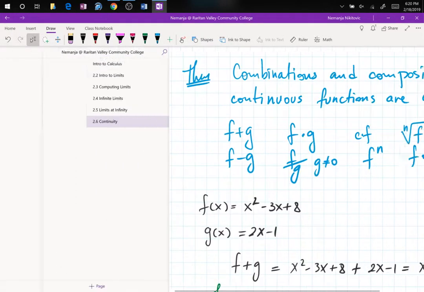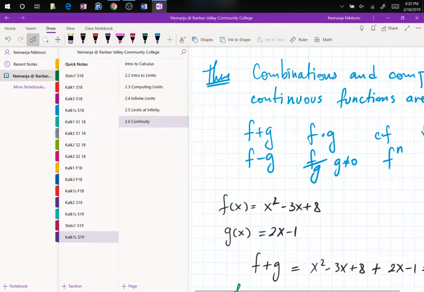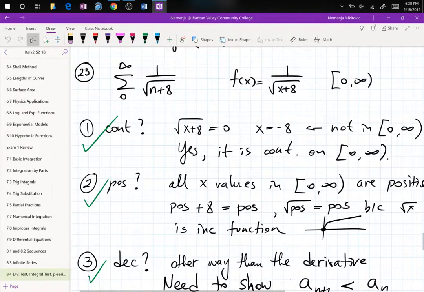So now, all I need to show in this Calc 2 class is that the denominator is not 0, because I have two polynomial functions that are continuous. I have a function composition, and the square root is continuous. So everything is continuous as long as this can't be 0. I calculated that it would be 0 if x is allowed to be negative 8, but x is not allowed to be negative 8 because negative 8 doesn't belong here.